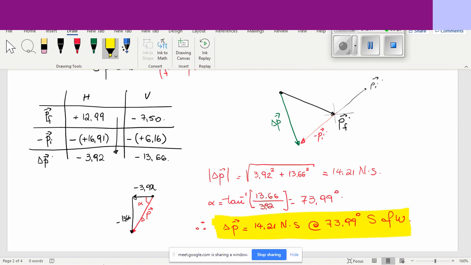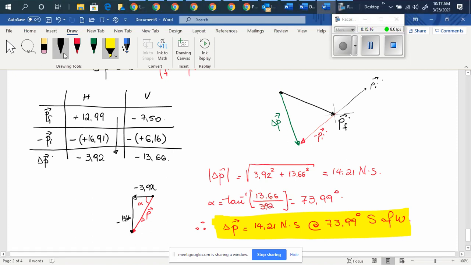This should be the work that you have on your paper, where you are adding the horizontal and vertical components and doing all the work that we have been explaining to figure out the change of momentum in this case, because when you are working with vectors, it doesn't matter what the name of the vector is, you work in the same way as we explained in the first few classes of Physics 30.